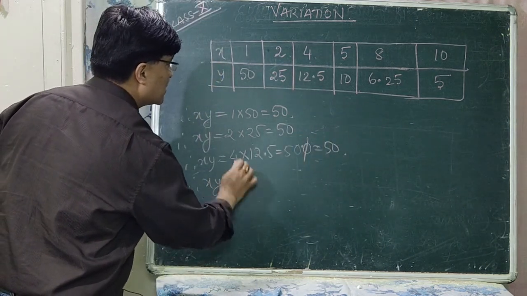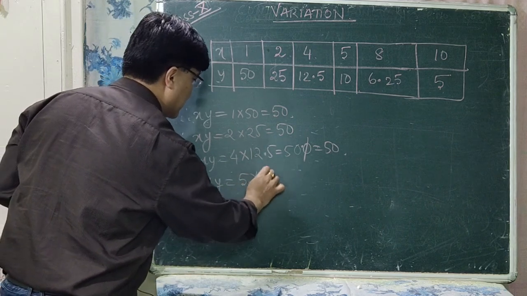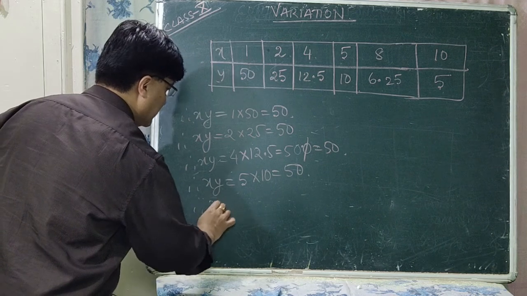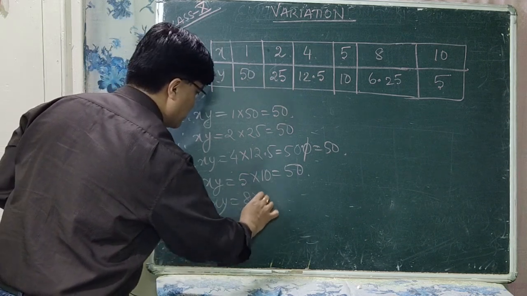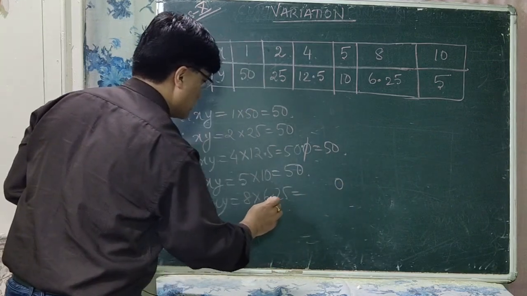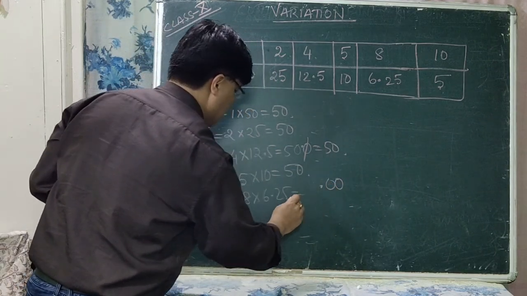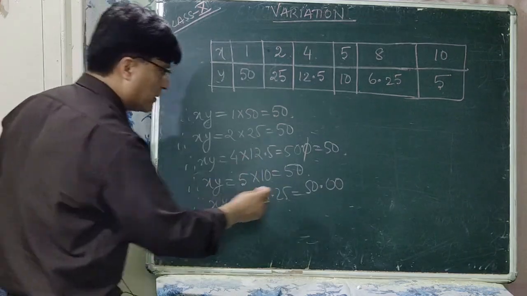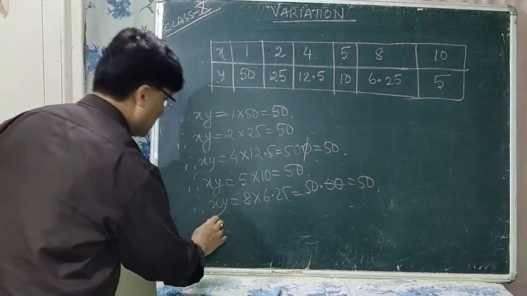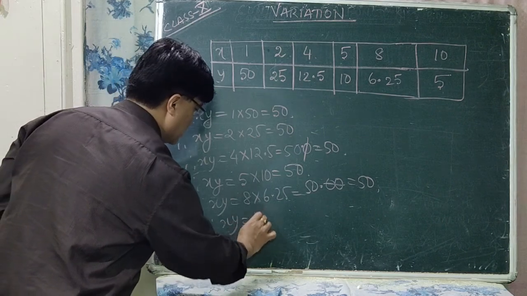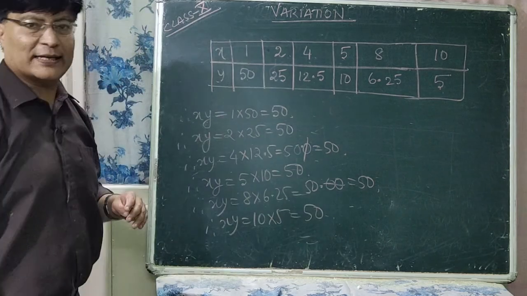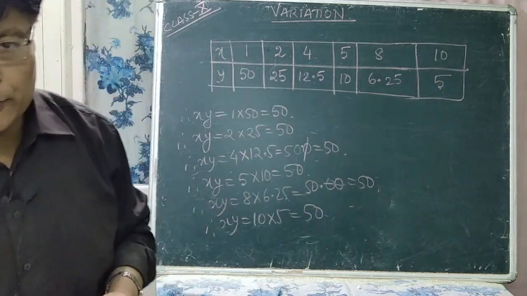Therefore xy is equal to अब कति भयो, this is also 50 right, so again xy is equal to 8 हुँदा 6.25, यो पनि कति भयो 50. Then last one is xy is equal to 10 into 5 which is equal to 50. Is that clear, सबैले बुझ्दै होला.